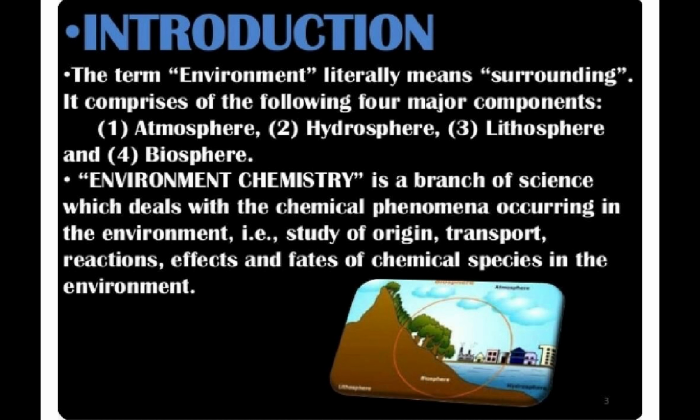Surroundings consist of 4 major components: 1 atmosphere, 2 hydrosphere, 3 lithosphere and 4 biosphere. So, environmental chemistry is that branch of science which deals with the chemical phenomena happening in the environment, that is the study of origin, transport, reaction, effect and fates of chemical species in the environment in detail.